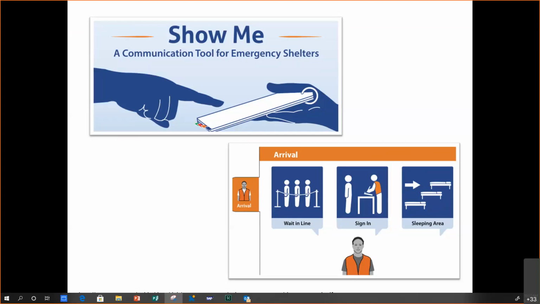This tool really does help making sure that there's not miscommunication and that things are clear to everybody that's in the shelter. And so if that's not something that you've had a chance to look for, either as an app or the flip version, that's a good thing just as a fast responder for you to be familiar with.